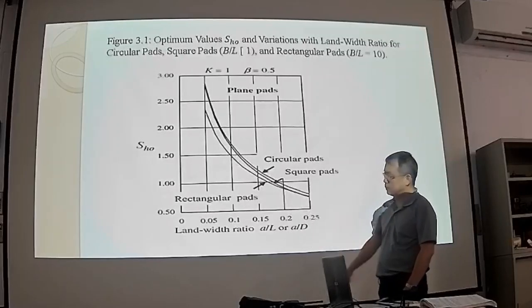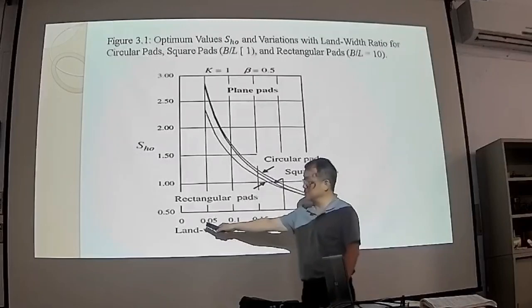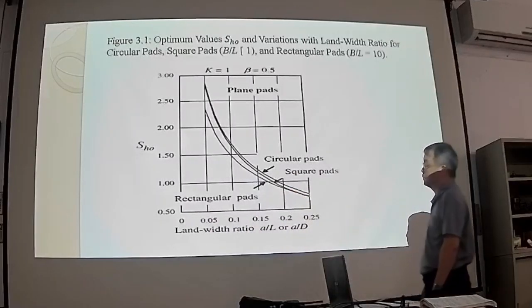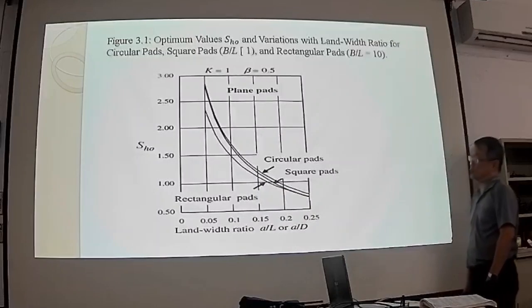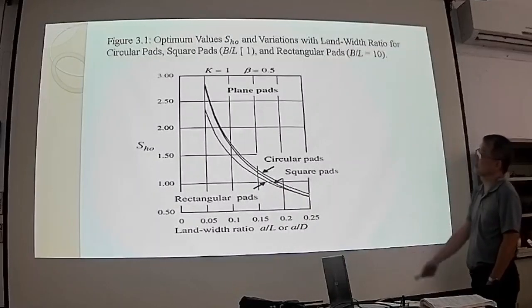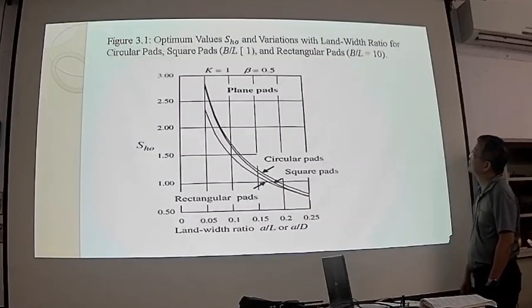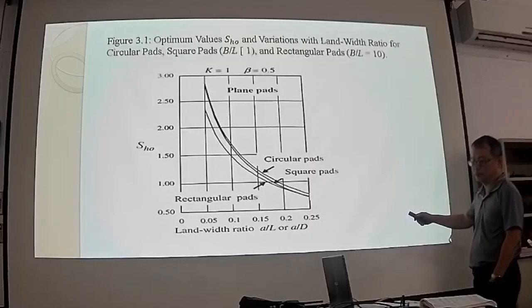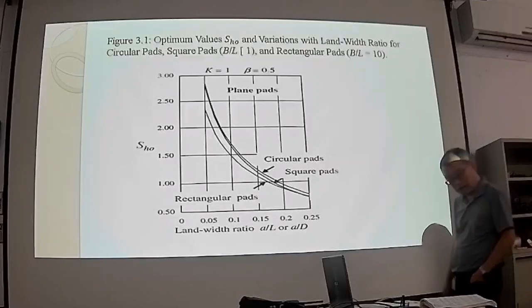So it starts from 0. And then the vertical one is the speed parameter, the optimum speed parameter. So we have different meanings from this drawing.